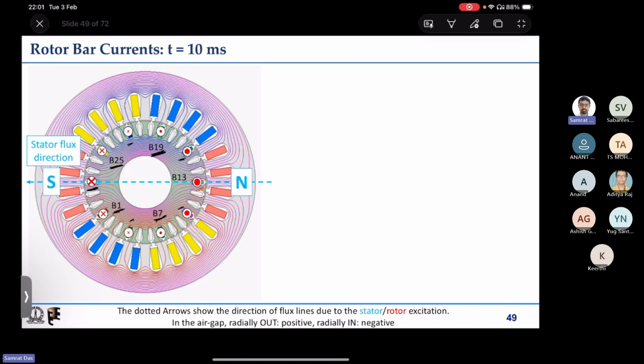Similarly, in the other bars in between you will have currents of different phases. Now what is the effect of that?